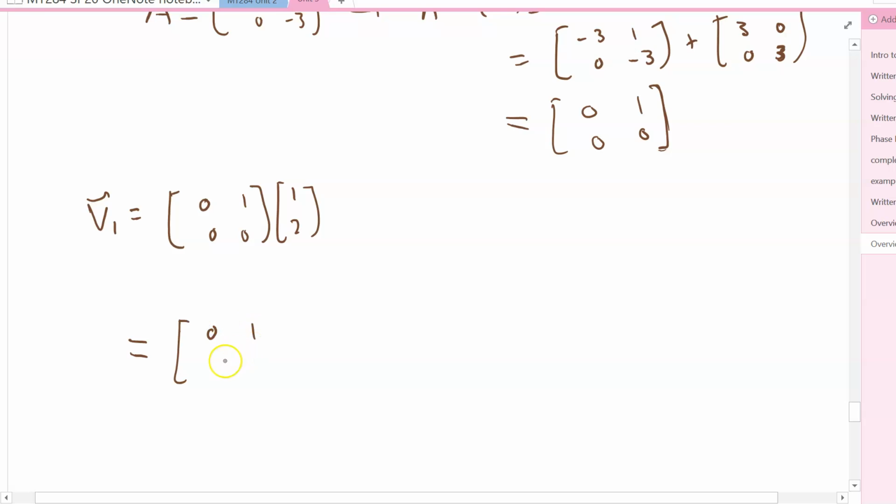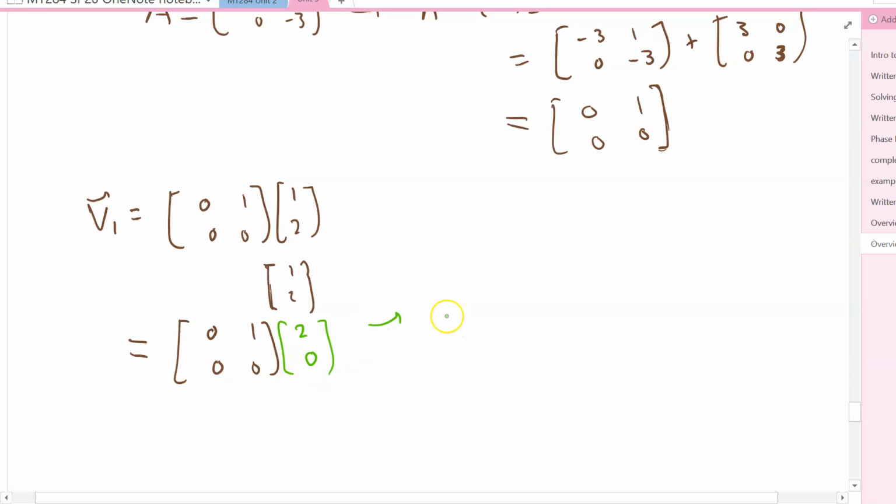We write the left matrix down, the right product matrix above and to the right of that, and then what fits in the gap here is our corresponding product matrix. And if we do this matrix multiplication, first row times that column vector is going to be 0 times 1 plus 1 times 2, which is 2, and then 0 times 1 plus 0 times 2 is 0.